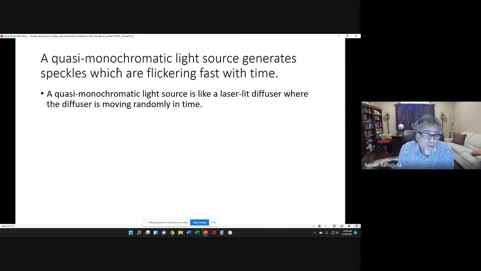But they are flickering so fast that your eye cannot detect it. Your eye is a very slow detector. So you see uniform light, but there are speckles there. This is also what happens if you have a laser beam hitting a ground glass diffuser and you rotate the diffuser: the speckles are going to be randomly flickering.